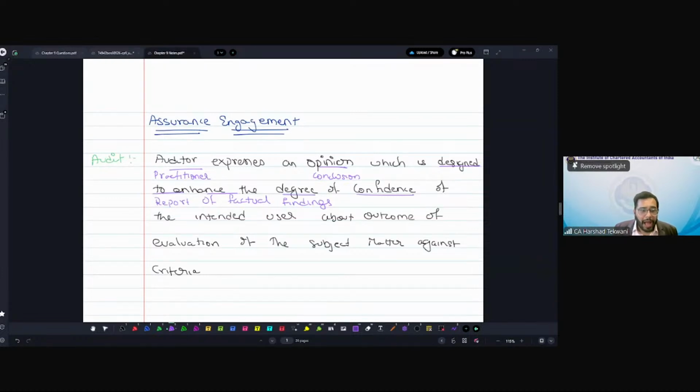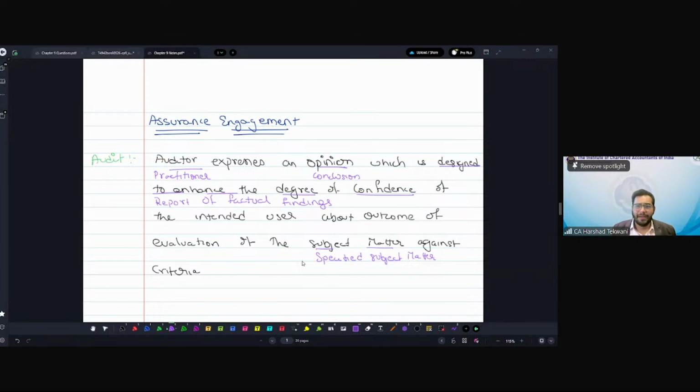Now, here I talk about the outcome of the evaluation of the subject matter against the criteria. Answer is no. Here, instead of talking about the outcome of the subject matter, I perform specified procedures on a specified subject matter.